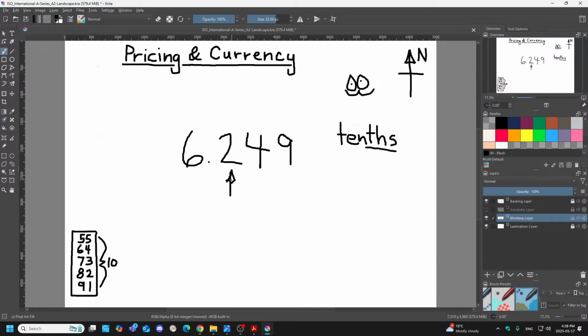But I'm just trying to recall, I think we ignore this one. It's ignored, and then we just look at this digit. Because technically speaking, this could be rounded up. Now, do I have the answer for that somewhere? I don't know. I don't think so.